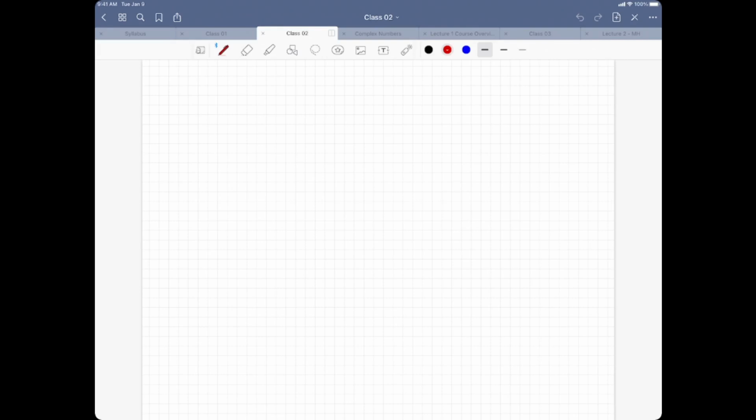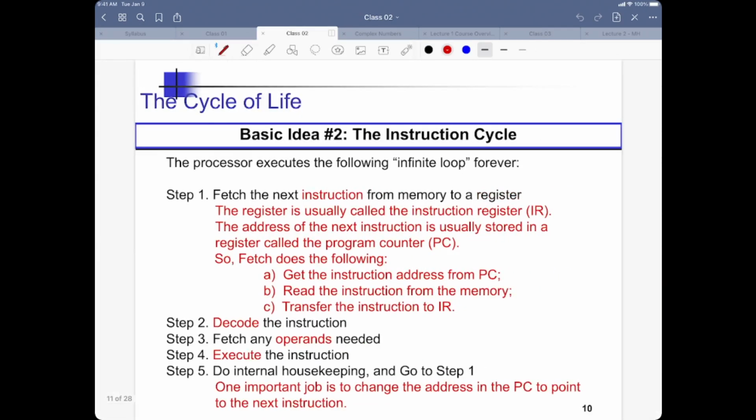All I need to do is give the address. That is important. Give the address of the next instruction, and I need to give it in the program counter. We are going to refer to the program counter as PC.